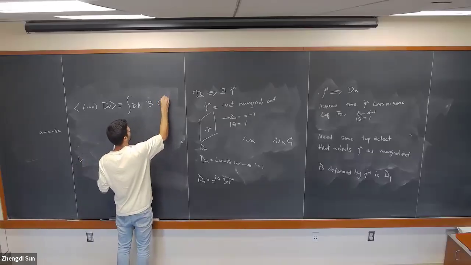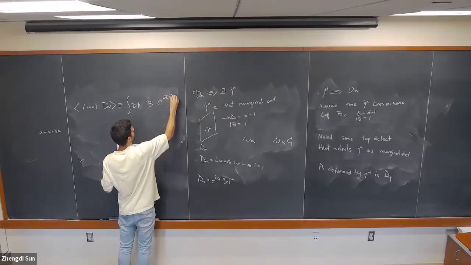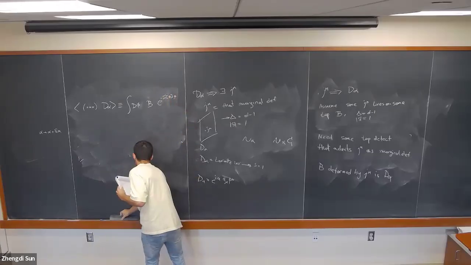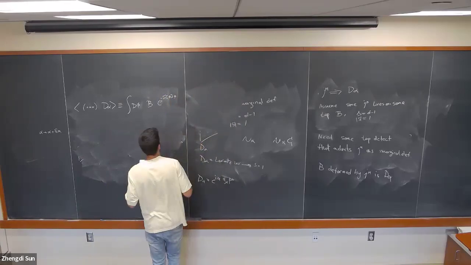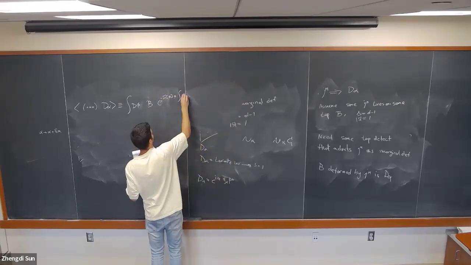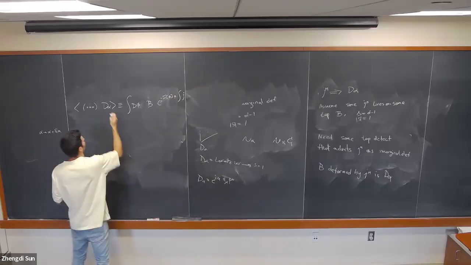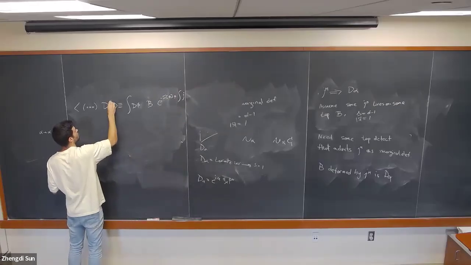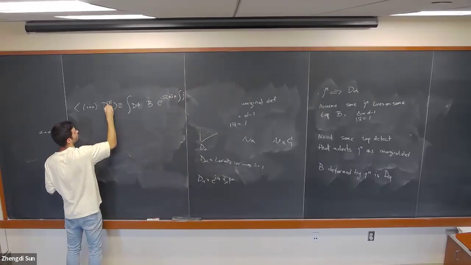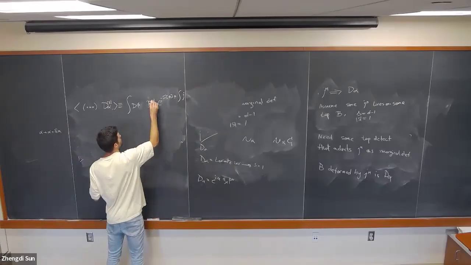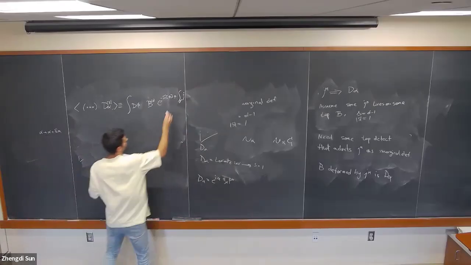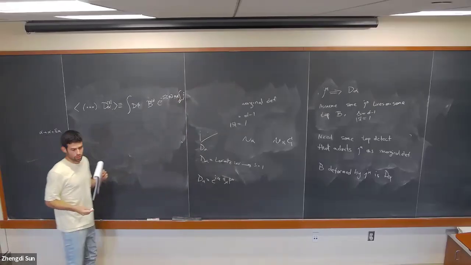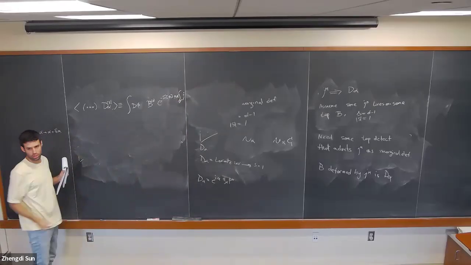Then I'm going to do the action, the exponential of the action, plus the integral of J. Let's say that you're inserting this on some contour gamma. So I insert the same contour and integrate there. Okay. So this is the definition of the topological defect here.